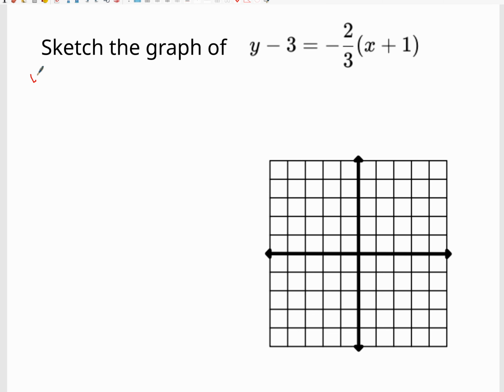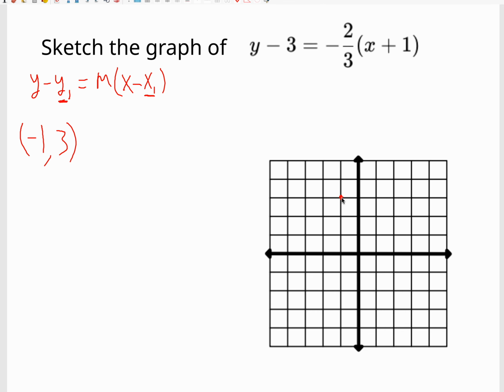Because remember our formula, y minus y1 equals m times x minus x1. So I know these two form an ordered pair. What's my x value of the ordered pair? Negative 1. And what's my y value? Positive 3. Okay, so I know that my line has to go through negative 1, 3.